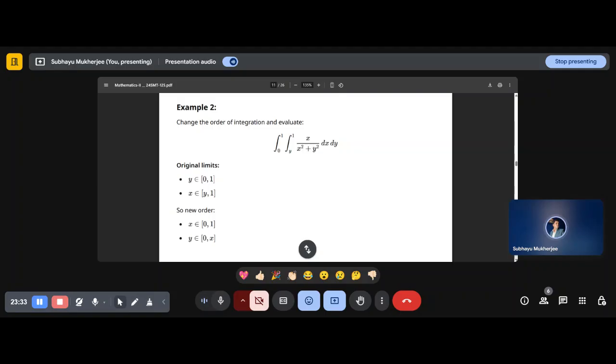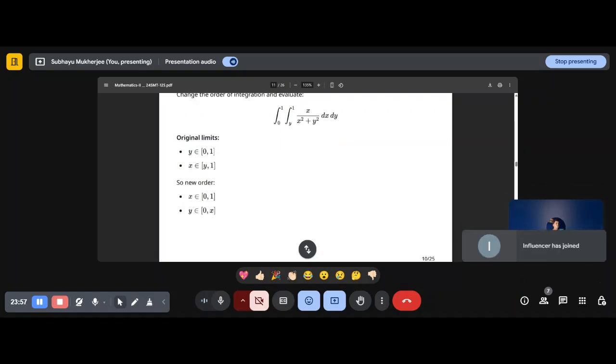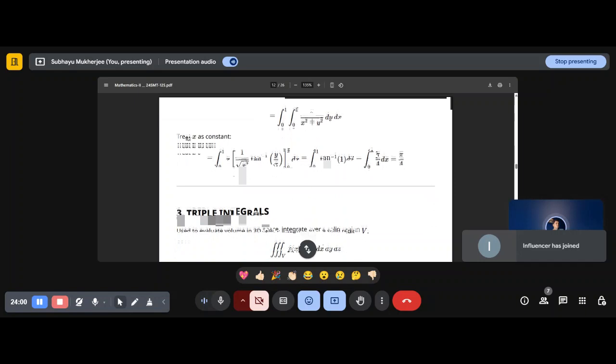So here, first there is x and then y. What are the limits of y? 0 to 1, because y is outside, so y's limits are 0 to 1, and x's limits are y to 1. Now if x goes outside, what will be the limit of x? 0 to 1, because x is going outside. And if x is 0 to 1, then y will be from 0 to x, because 1 is now replaced by x. Then we can just solve this sum.